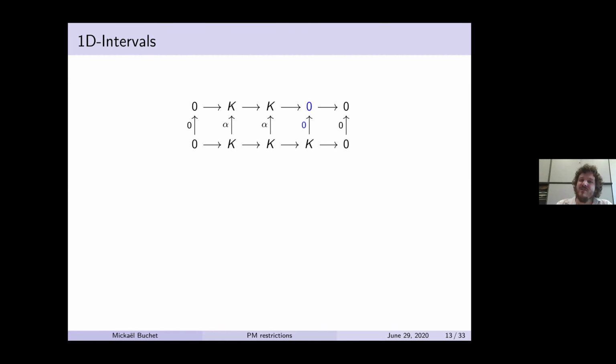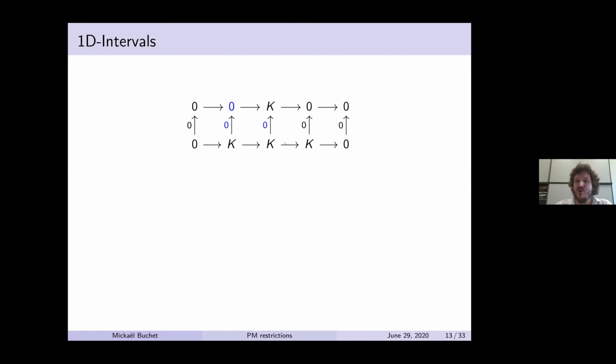On the other hand, if, for example, I decide to make this vector space become 0, now I also have this map, which is a problem, and I need to put it to 0. But now, because of the commutativity of this square, this map alpha here also needs to become 0. So if I take this interval, let's say it's 1 to 3, and this interval, which is 2 to 2, then I cannot build a non-zero morphism between these two intervals.